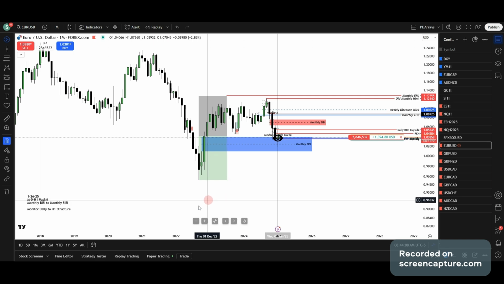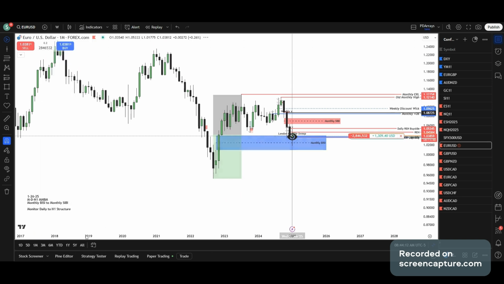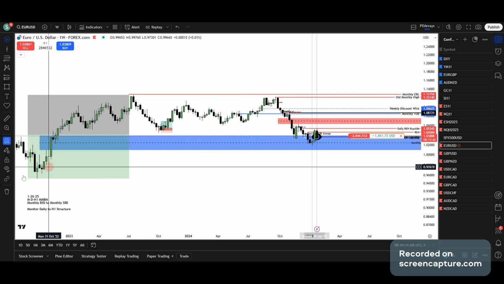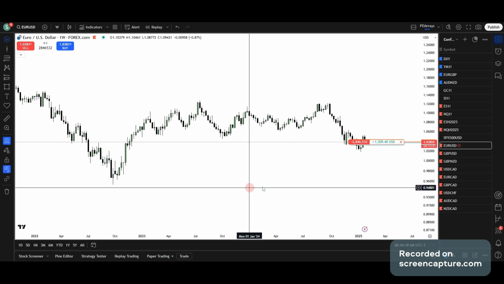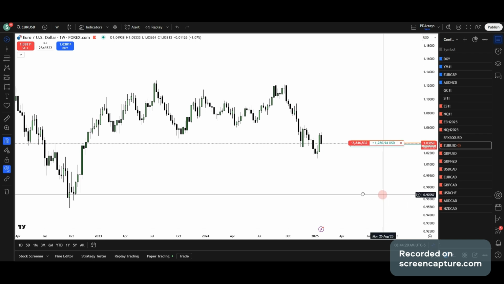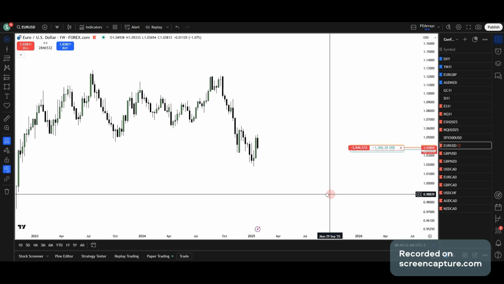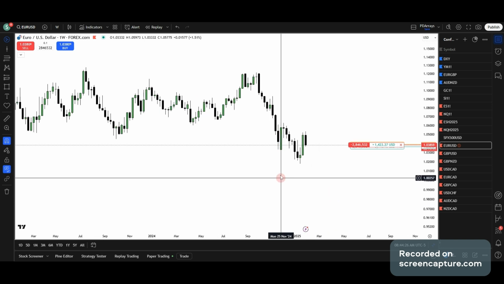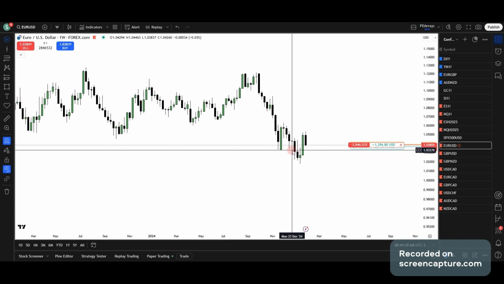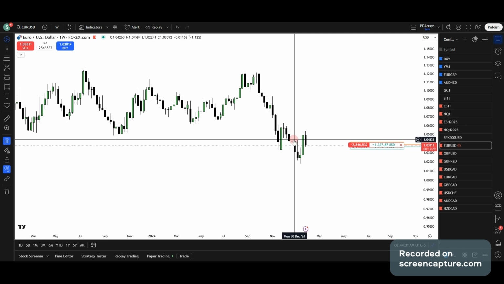Okay, so next I drop down to my weekly time frame and take my drawings off. Right here we have this swing high, or short-term high.